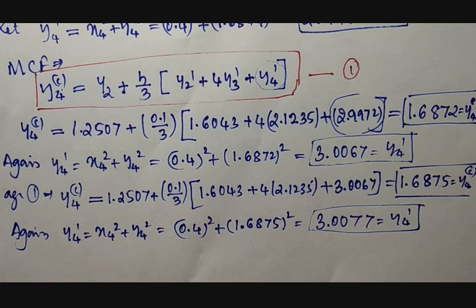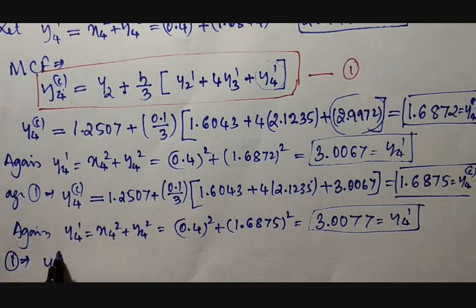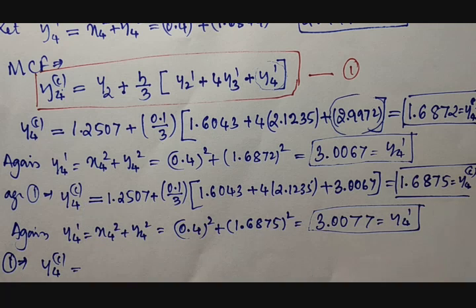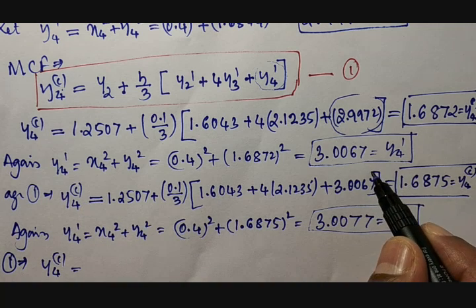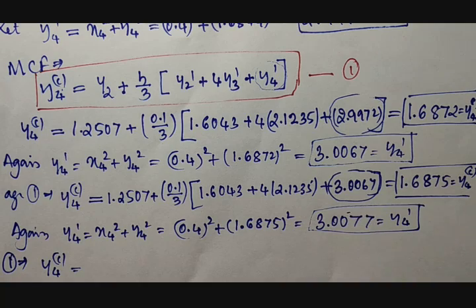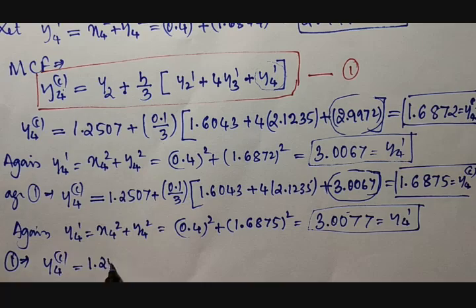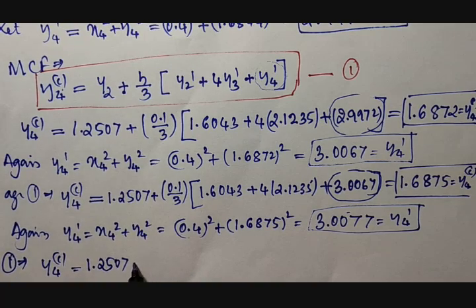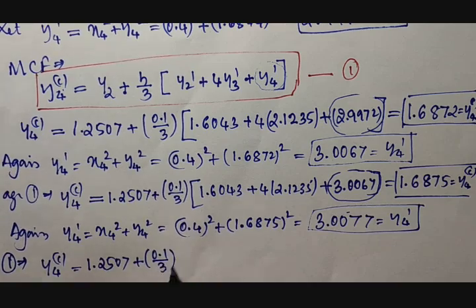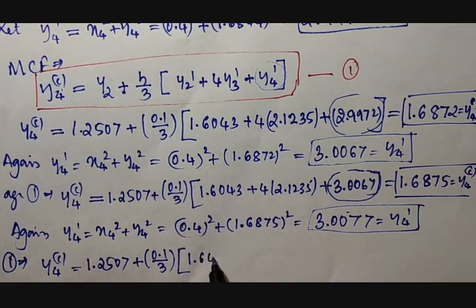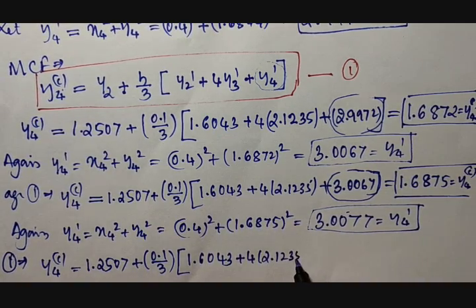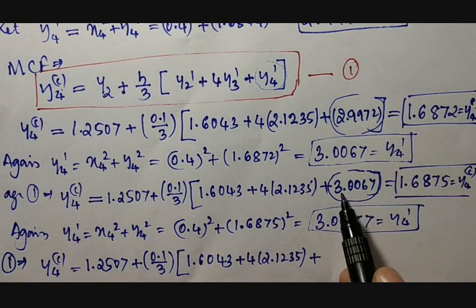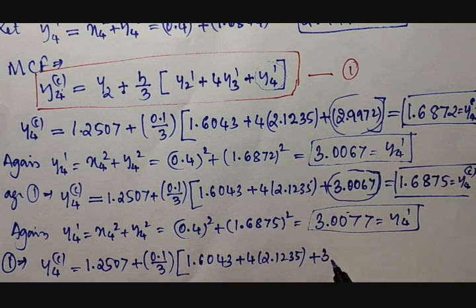Clear? Then again substitute in equation number 1. Correction to y4 is equal to, again everything will remain the same. What changes? This result will be replaced by the new result. Therefore 1.2507 plus 0.1/3 into 1.6043 plus 4 into 2.1235 plus 3.0067 will be replaced by 3.0077.